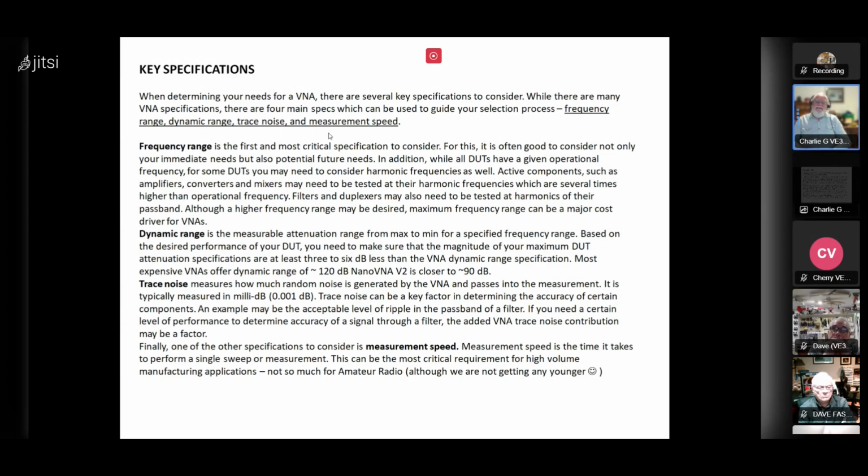The second is dynamic range. This gets important particularly when you're measuring filters and things. If you want to put together a repeater, you probably want a dynamic range that goes down close to 100 dB. 90, I think, would be sufficient, but bigger is better when you're trying to understand the depth of the notch of a filter.